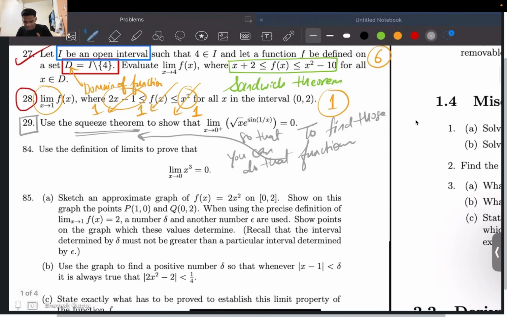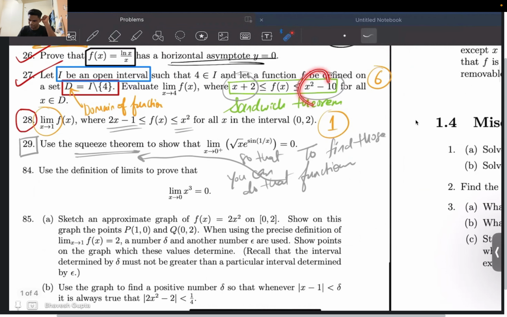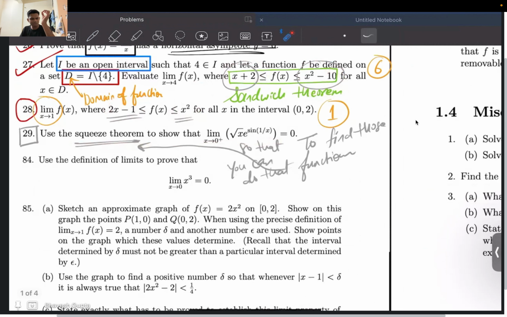In the case of 28 and 29, they have already told you what that function is. You can see from here, if I remove this, they have already given you those functions. In this case also the function is already given to you. But in this question, you have to guess by yourself.